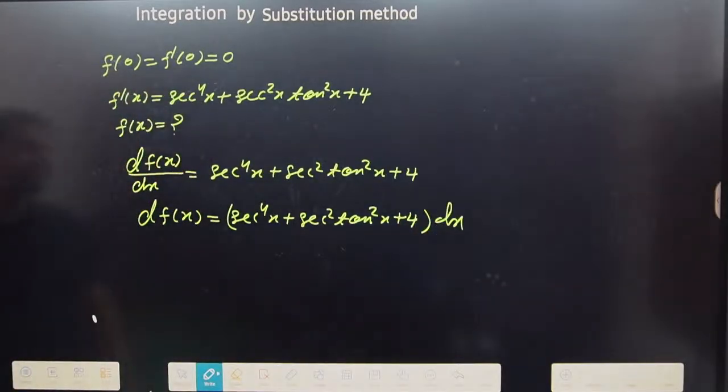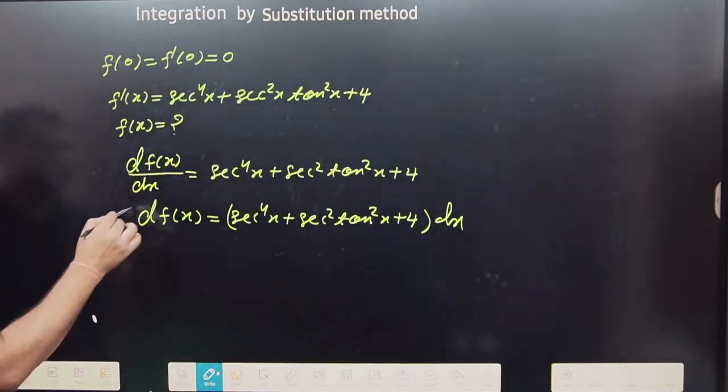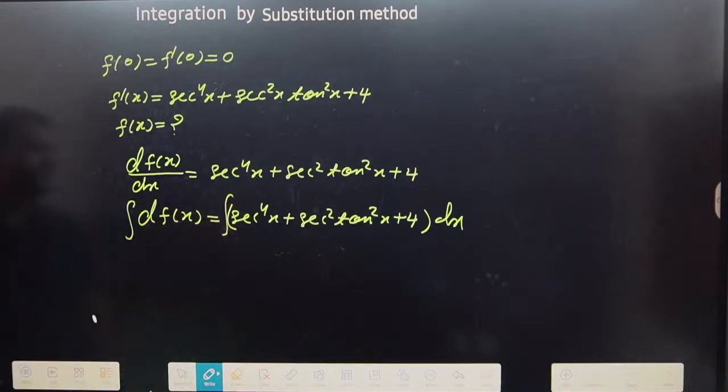Is it clear? If both sides are integrated, then we get f of x.